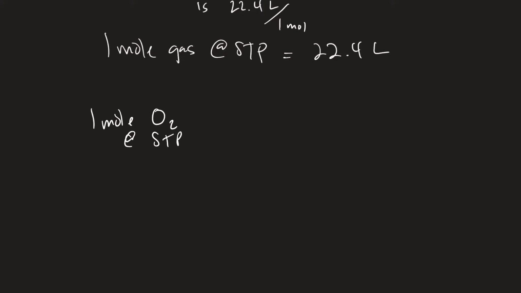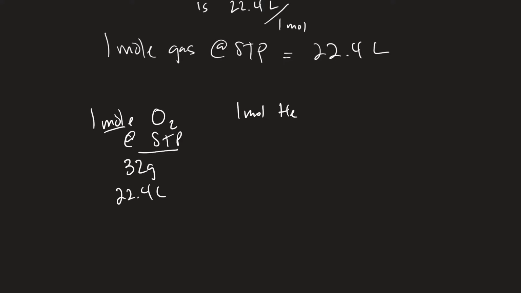We know the mass of oxygen from the atomic weight. We can look at the periodic table and see it's 32 grams, and then we know the volume to be 22.4 liters. So we can do some really interesting conversions between moles, mass, and volume as long as we're at STP.